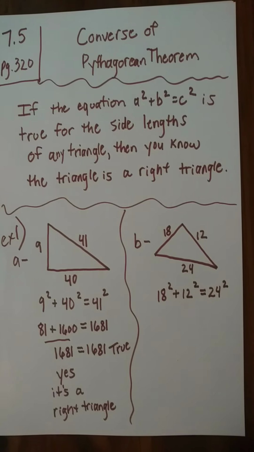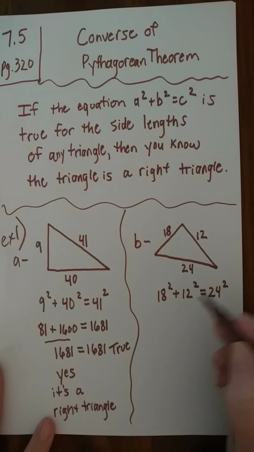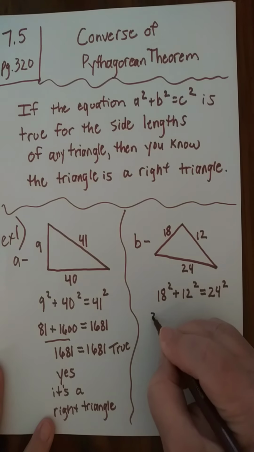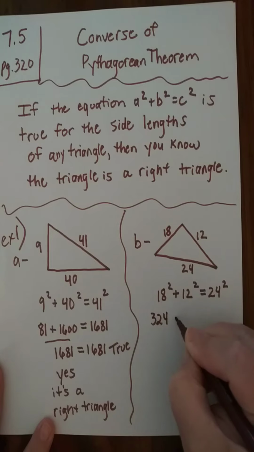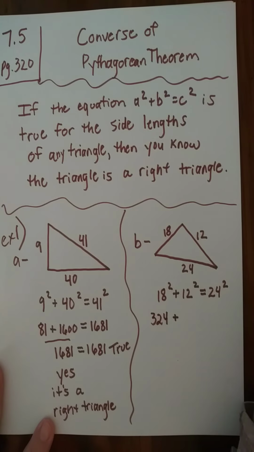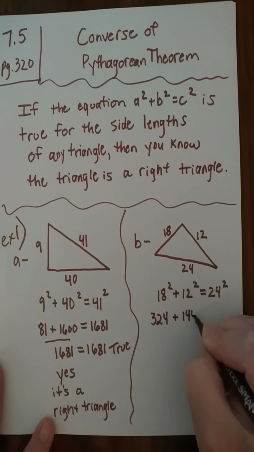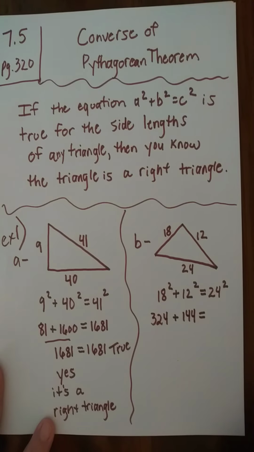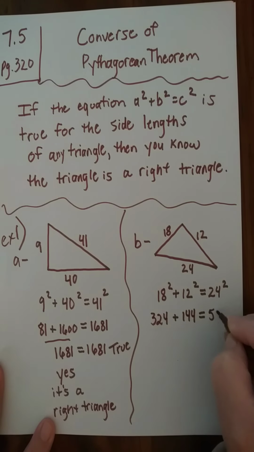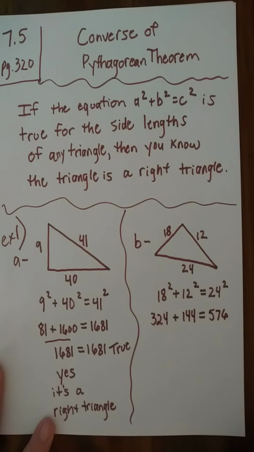Now let's simplify everything. Once again, you're going to need your calculator. 18 squared equals 324, 12 squared is 144, and 24 squared is 576.